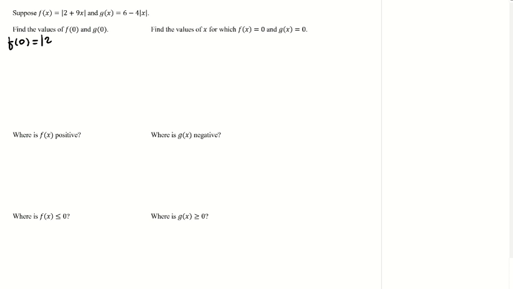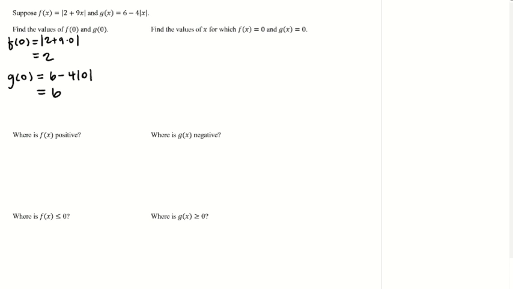So that's the absolute value of 2 plus 9 times 0. 9 times 0 is 0, so this is the absolute value of 2, which is 2. They ask us for g of 0. G of 0 is equal to 6 minus 4 times the absolute value of 0. Absolute value of 0 is 0, so this is just 6.